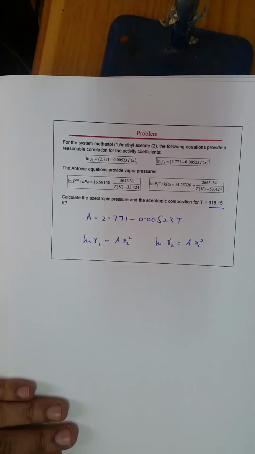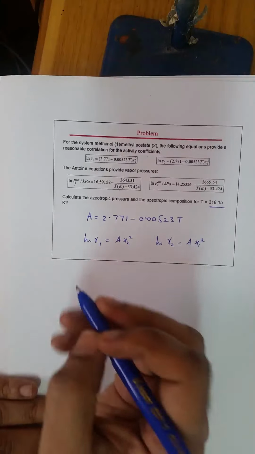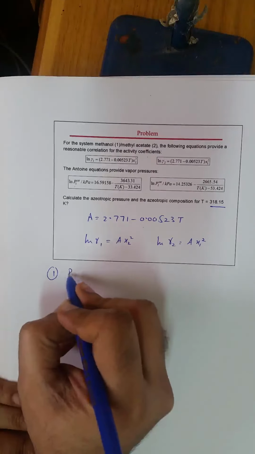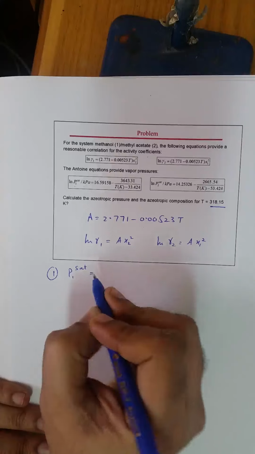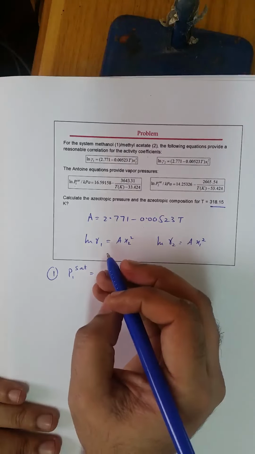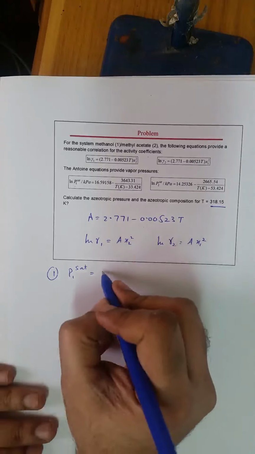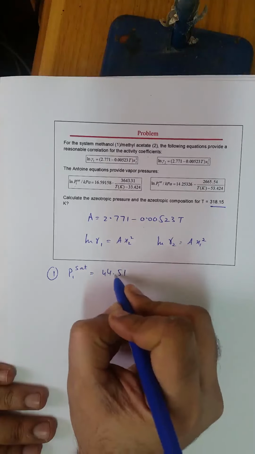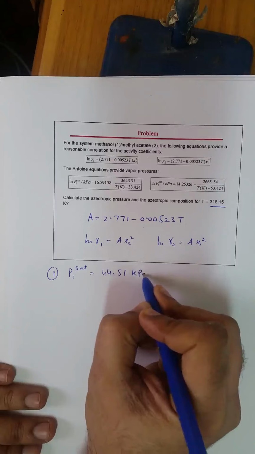So what you need to do, the first step I told you, is find P1 sat. P1 sat comes out to be 44.51 kilopascal.